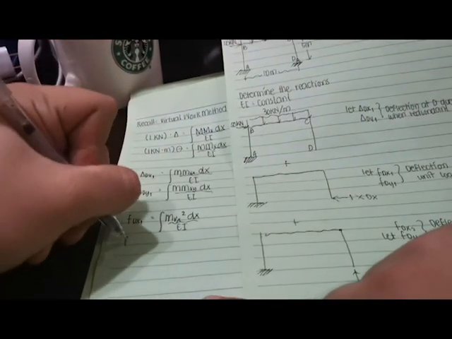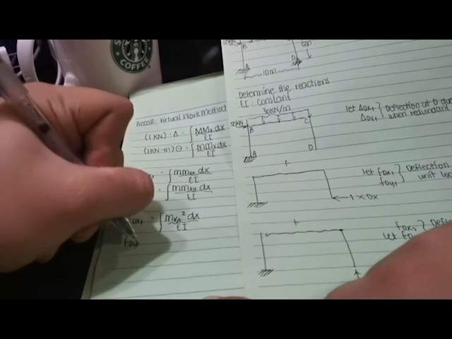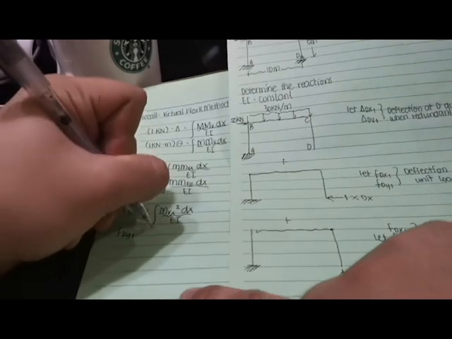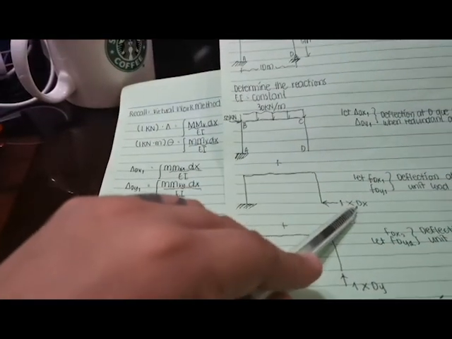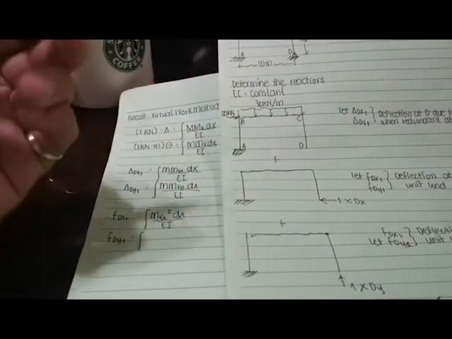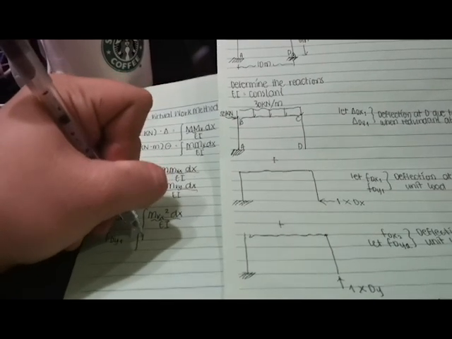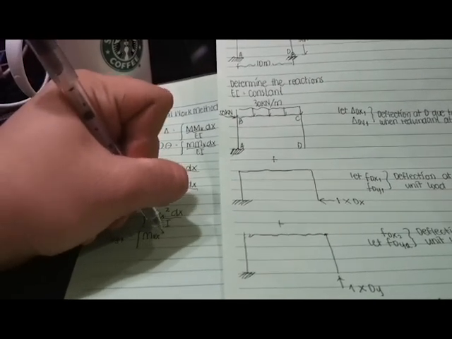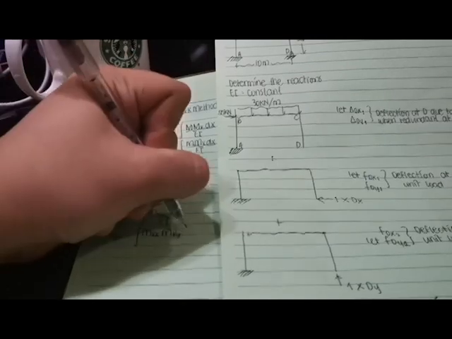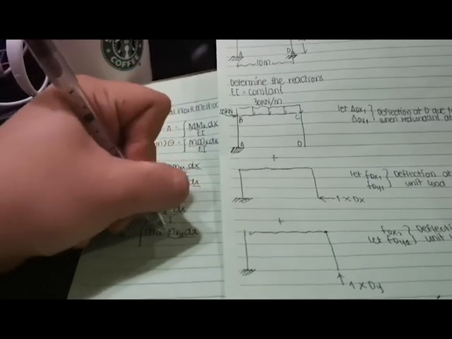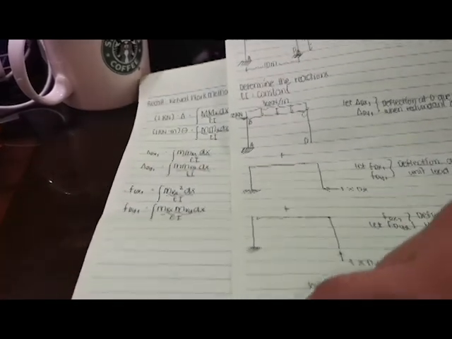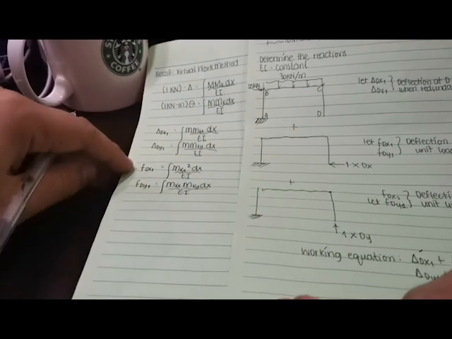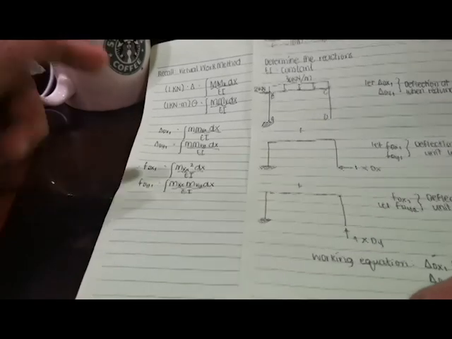And in fdy1, this is the integral of, dahil ang real natin is the horizontal and ang virtual natin is vertical, we just multiply mvx multiplied by mvy dx over EI. So we have fdx1 and fdy1.